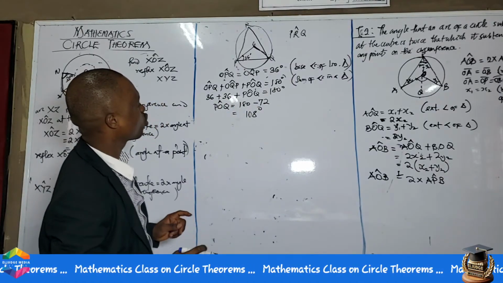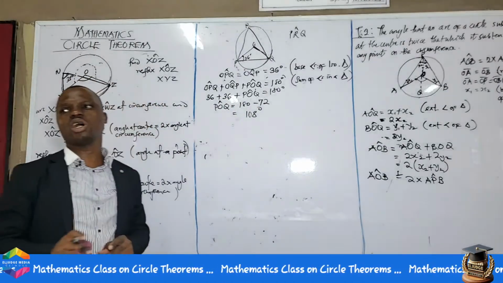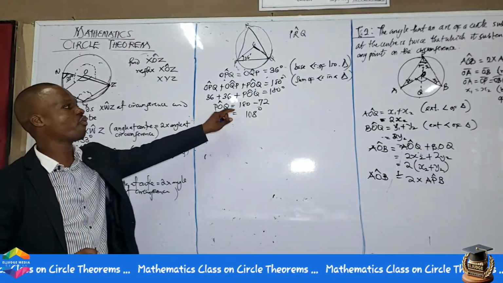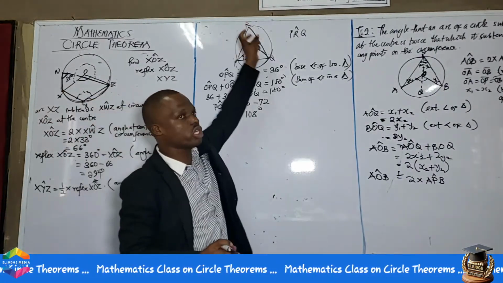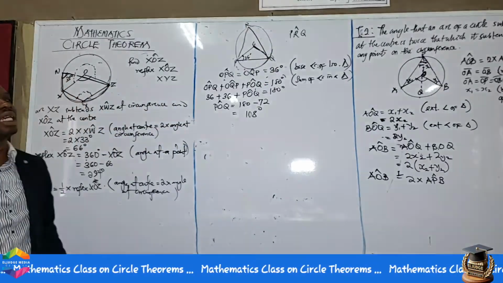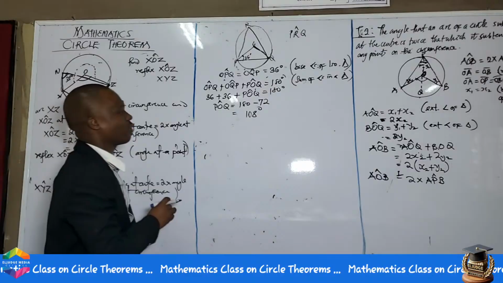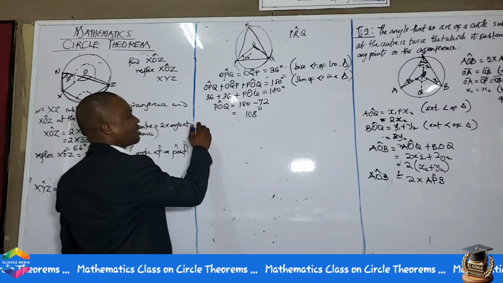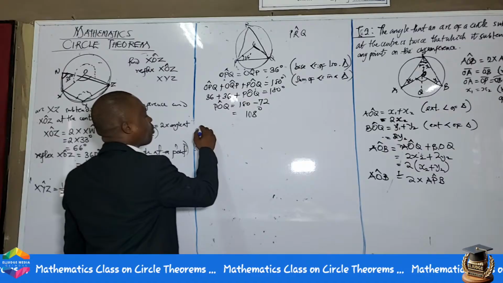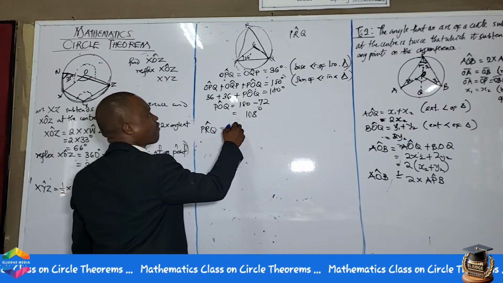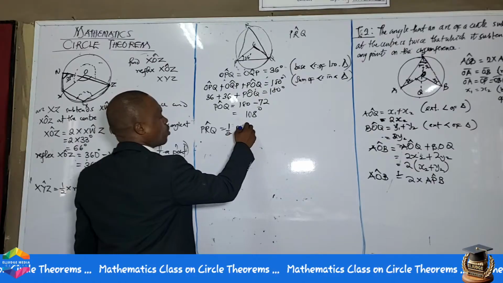POQ is 108 degrees. But this is not the final question that we are asked to look for. We are told to look for PRQ, which is the angle subtended at the circumference of the circle. So we need to use theorem 2 and tell them that PRQ is half of POQ.